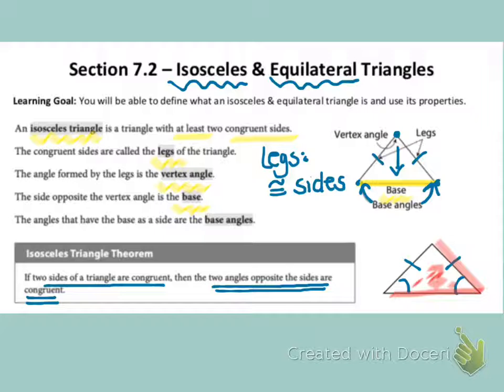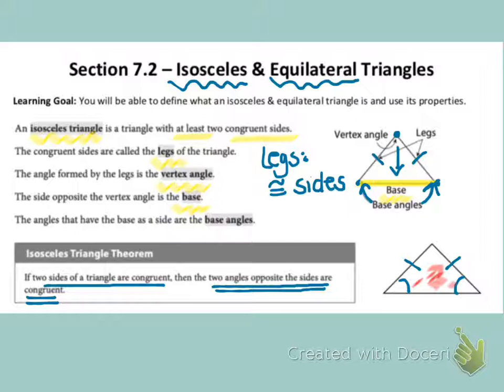But if the angles were the same, then of course the sides across from them would have to be the same. So logically, you can see how this theorem makes complete sense. Again, just to recap a couple important things: base angles in isosceles triangles are always equal, and the base is the side that's across from the vertex angle.